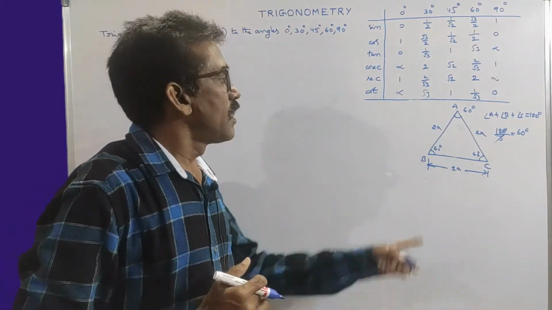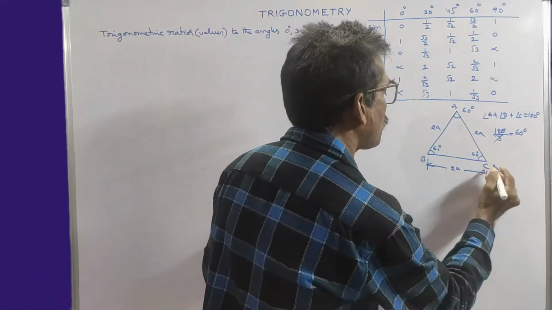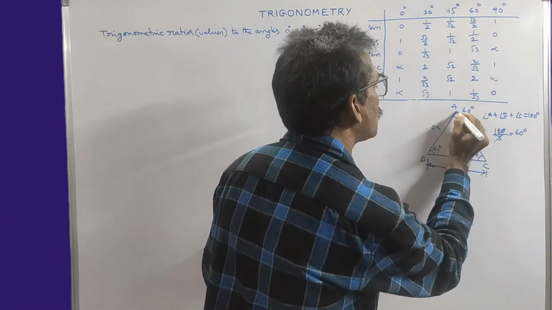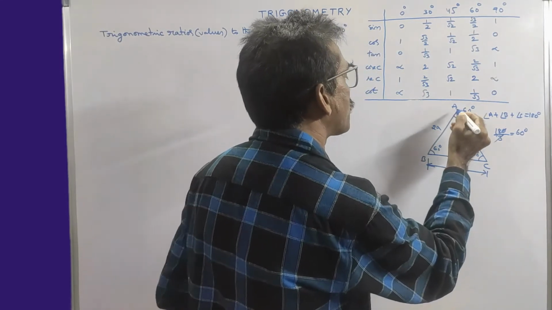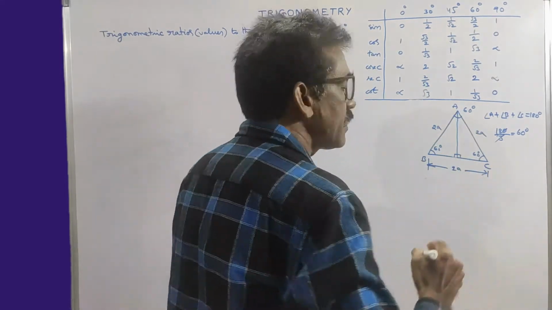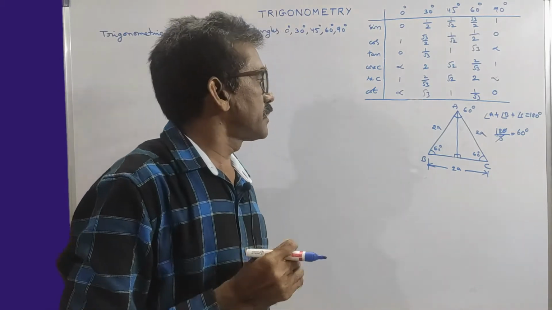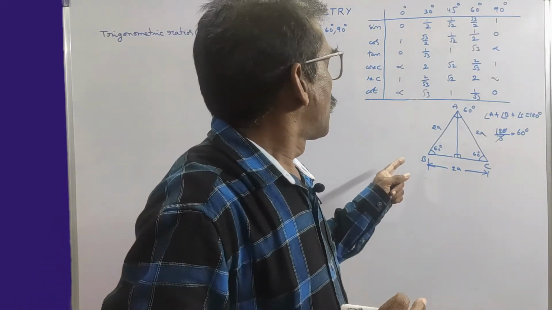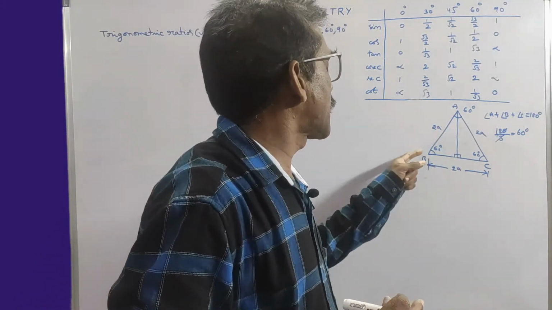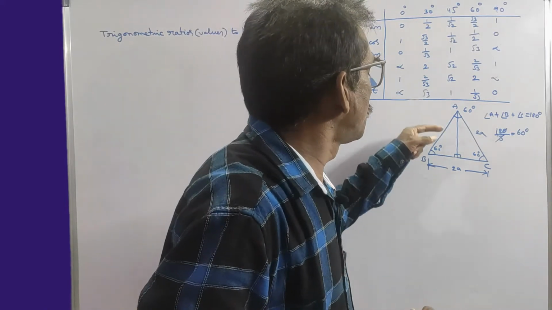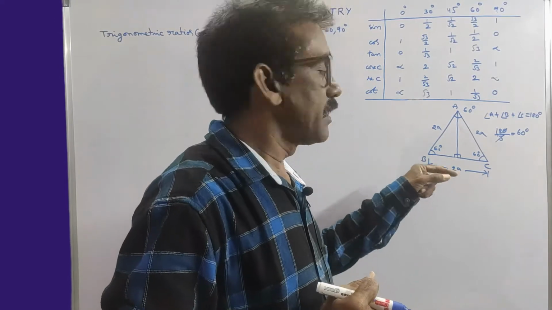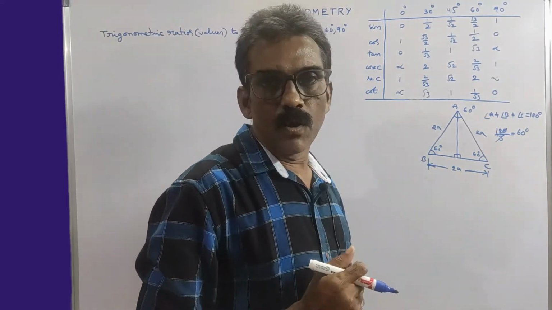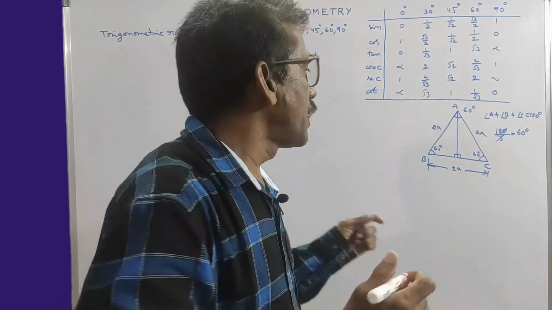Next, from the vertex A onto the side BC, we should construct an altitude. A perpendicular we should draw from the vertex A onto the side BC. Okay, there is a theorem: in an equilateral triangle, the altitude drawn from a vertex to the opposite side divides that side into equal parts.